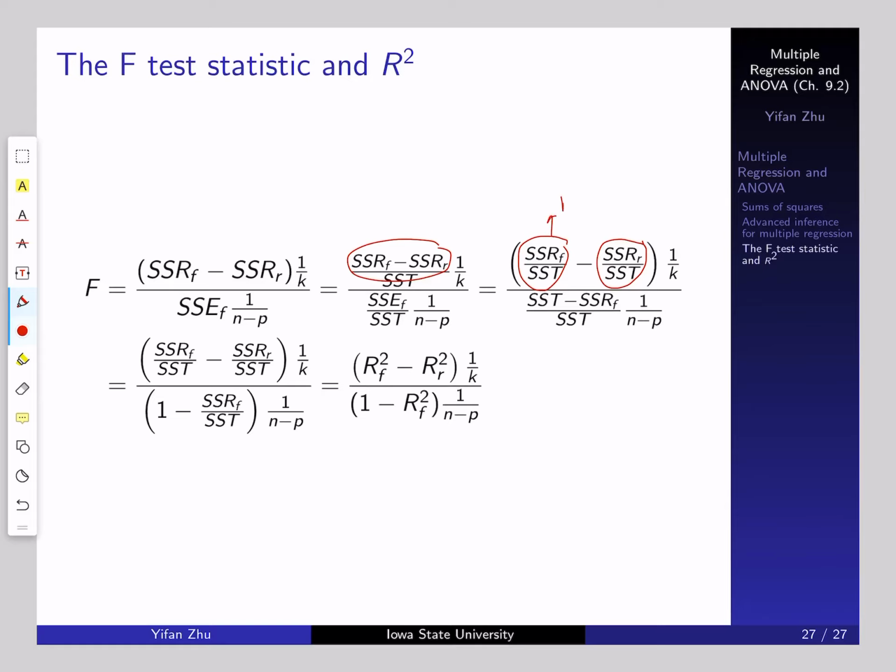So this is just R squared F, and this is R squared R. And in the denominator, we have SSE_F over SST. This is nothing but SST minus SSR_F over SST, so that is 1 minus SSR_F over SST, which is 1 minus R_F squared. So that's why you get this formula.